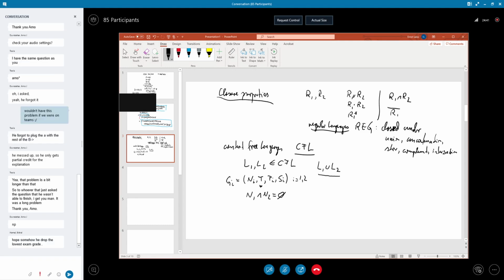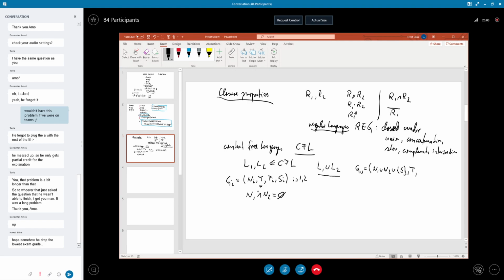And that is not particularly complicated, because what we can do is generate a union grammar, which is N1 union N2 plus a new starting symbol.